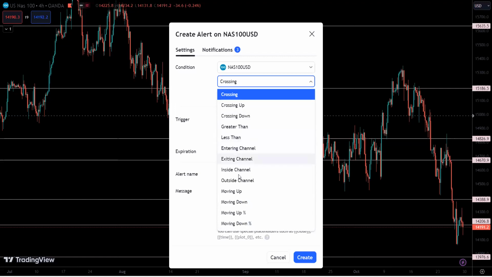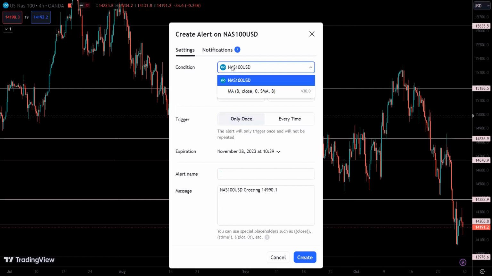So there's lots of different ways you can trigger an alert. Here, you can set the alerts to notify you when there's certain activity. So there's a lot more leeway for personalization on TradingView.